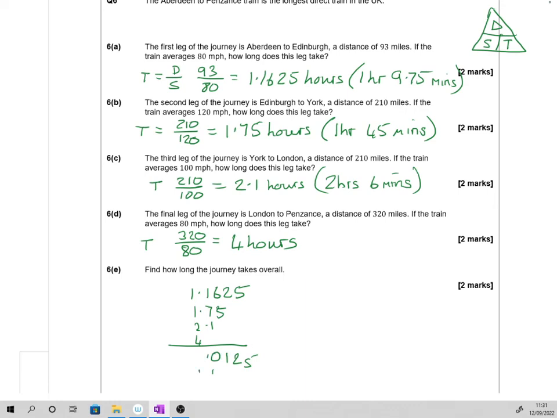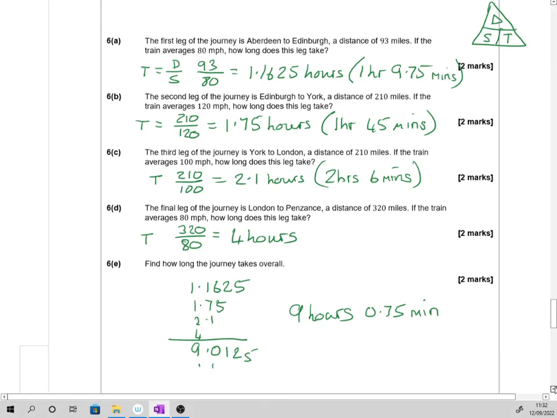So it's 9 hours and this little bit. So 60 times that. It's not much, is it? 60 times 0.0125 equals 0.75 of a minute. So it's about 9 hours. Right, got any more?